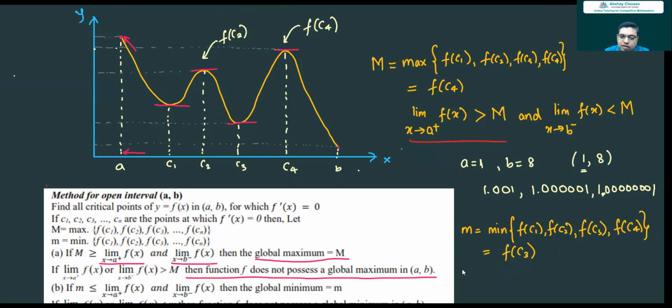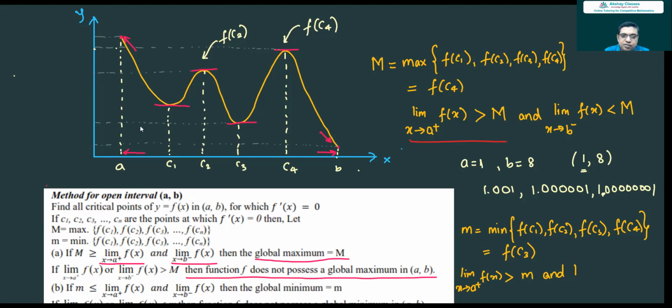Now, when you take the right hand limit at a and left hand limit at b, let us see what happens. The limit as x tends to a plus of f of x is a very large value compared to m, no problem. We have to check for the least. So still m is the least.